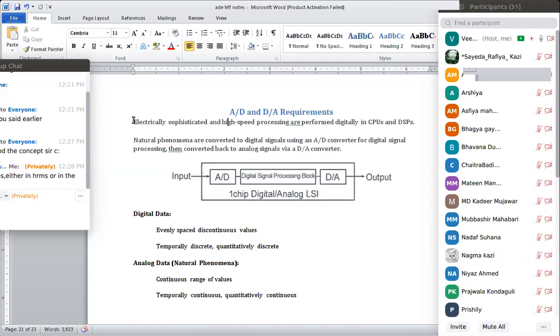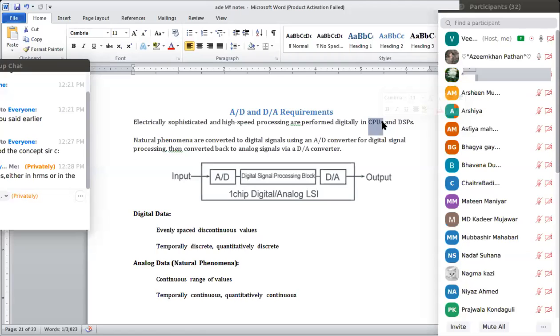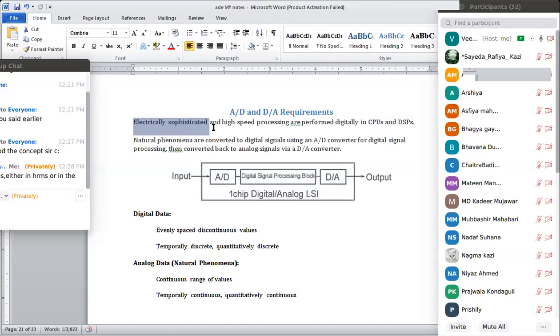But electrically sophisticated signals can be processed digitally in the CPUs. Whatever processors are there, they are not going to perform on analog, but on digital, which is very high speed.